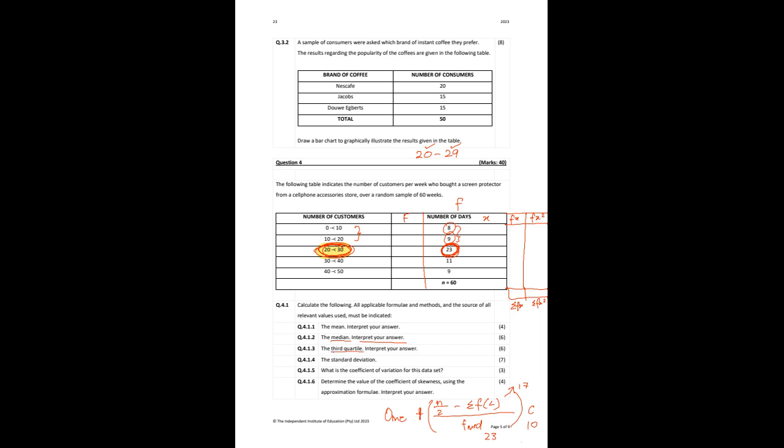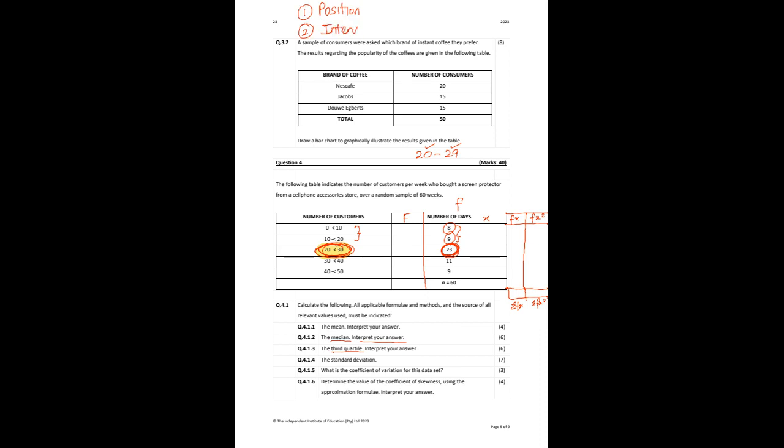The median is carried out in the steps of first determine your position. Do that here as well. Once you have your position, determine your interval, which we also did with your median, and we'd do it here with your third quartile. And then calculate the quartile itself.